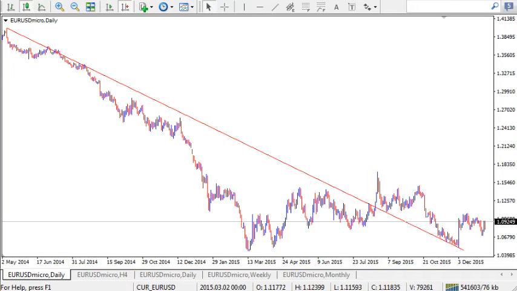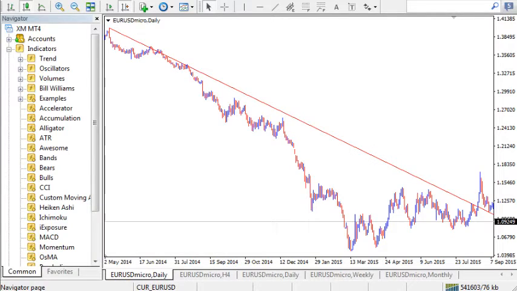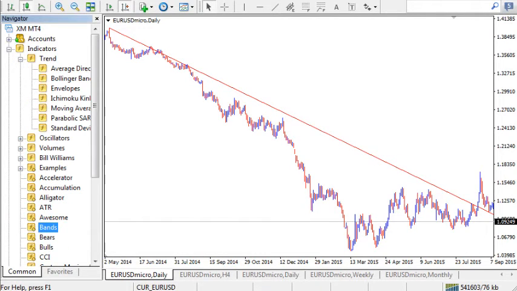Another tool that is very useful to identify the state of the trend are the moving averages. We can open the navigator window here, and under the indicators and trends there are moving averages. In this window we set the parameters for the moving average, and here is the period.